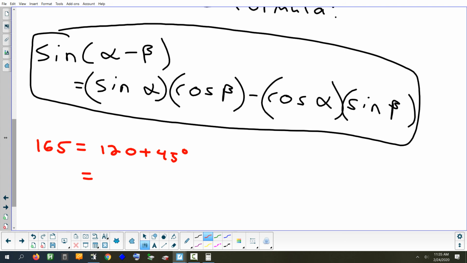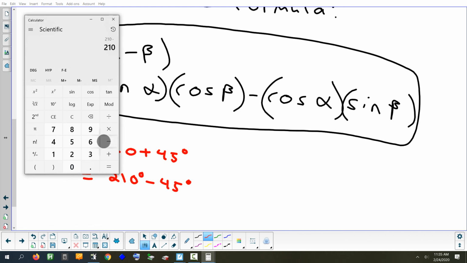Yeah. 15 is not a multiple of 30 or 45. So you've got to pick numbers that are multiples of those two. 210 minus 45, okay, yep. Let's check.